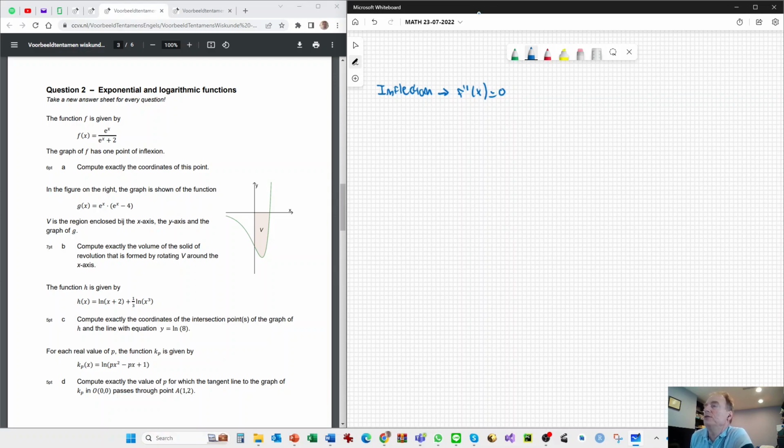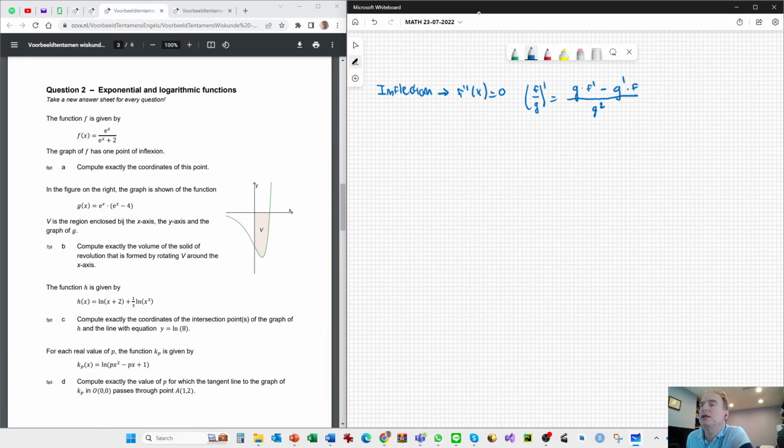So we can use the quotient rule of differentiation, namely that the derivative of f over g is g times the derivative of f minus the derivative of g times f, divided by g squared.